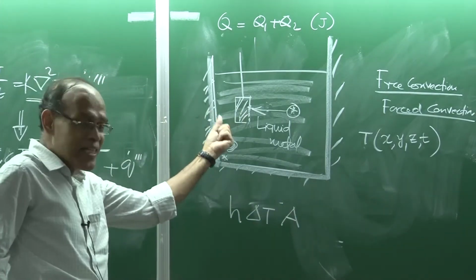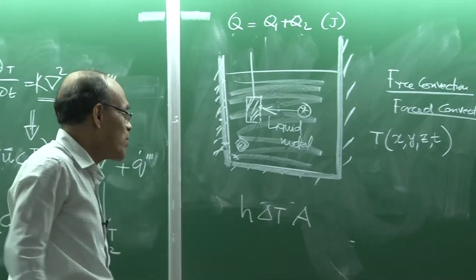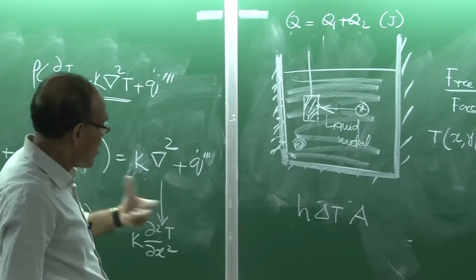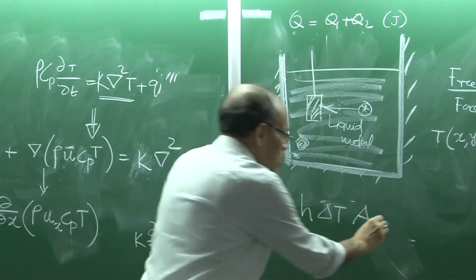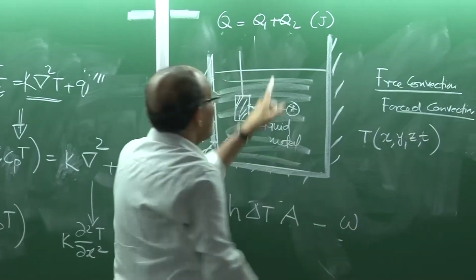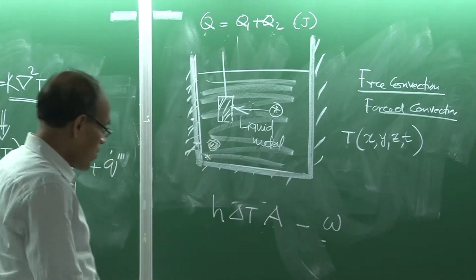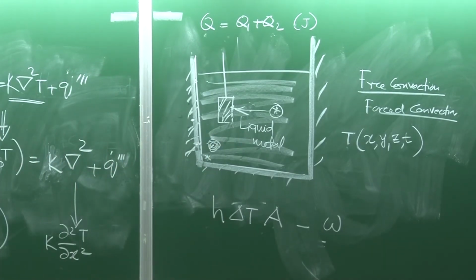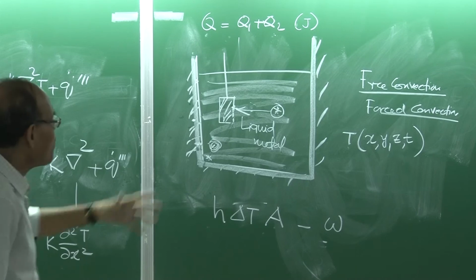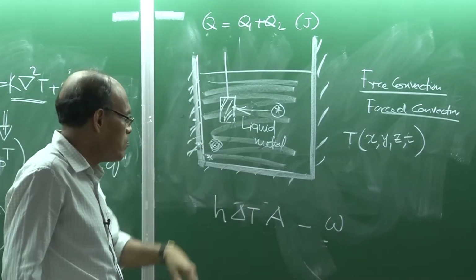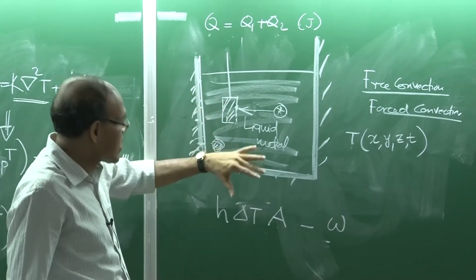The area may be changing as a function of time, but if you take that area to be equal to the initial area for a rough calculation, then this gives you something in watts, and if you divide joules by watts, you can find out the melting time.